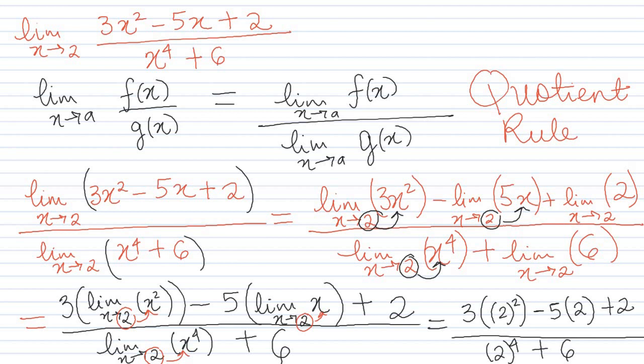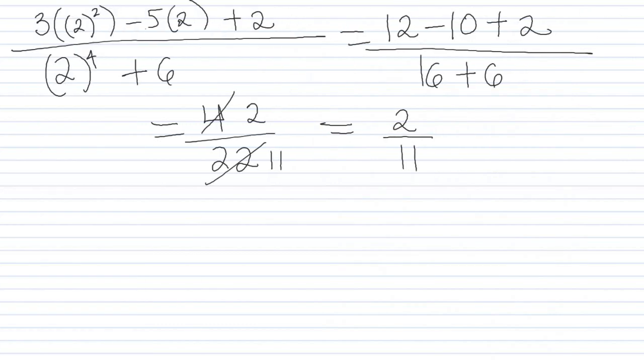When we do that, we can now expand the function using the limit. When we go ahead and do that, then we're going to solve each individual limit. When we're done solving each individual limit, we either add them up or subtract them depending on whatever sign we're given, and then we divide by each other, and that was basically what we did here. We got our answer to be 2/11.